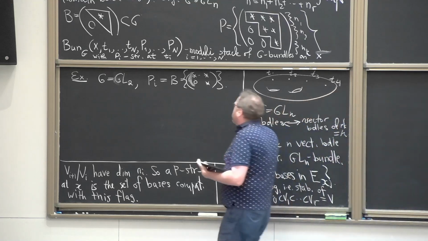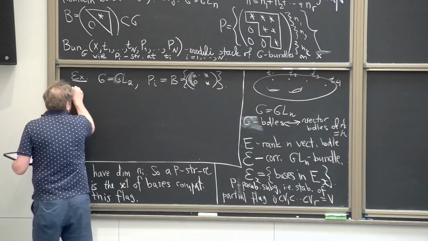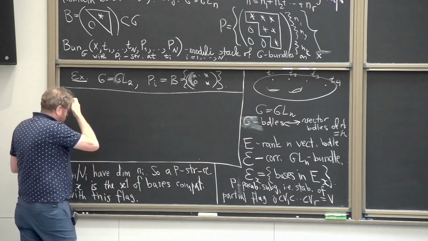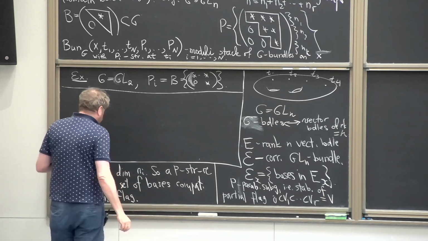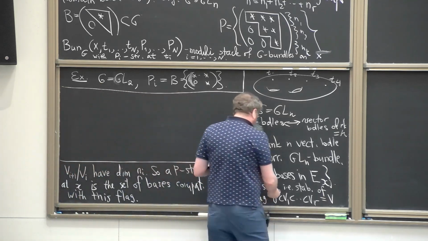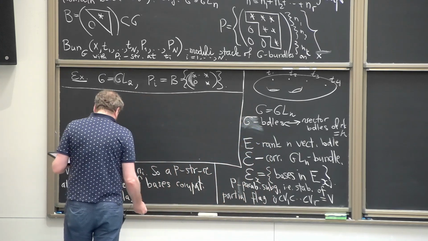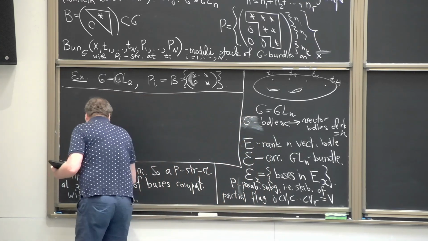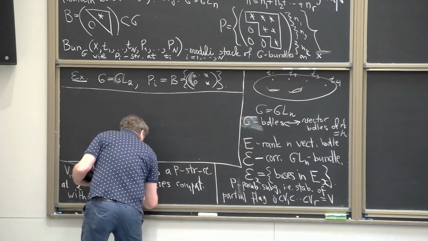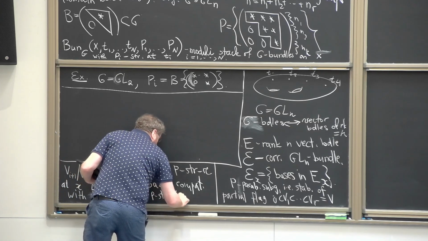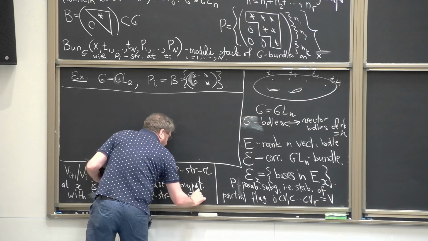That's just basic linear algebra. So a P structure is the same as fixing a partial flag.